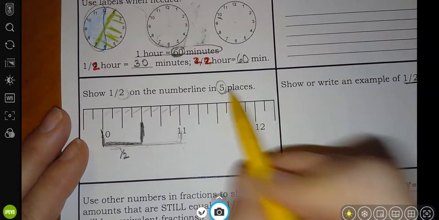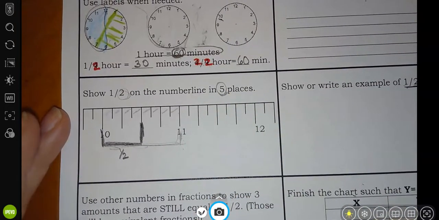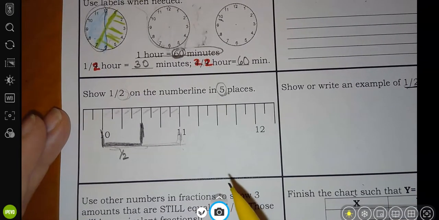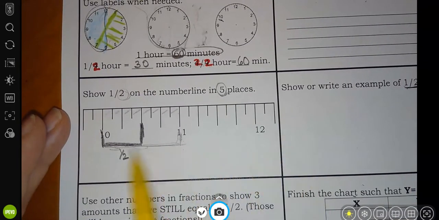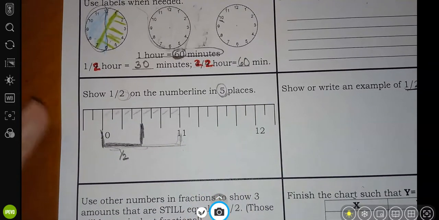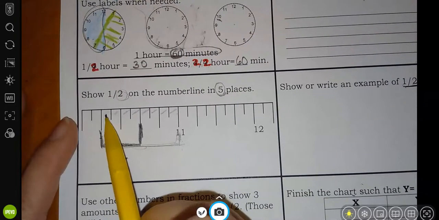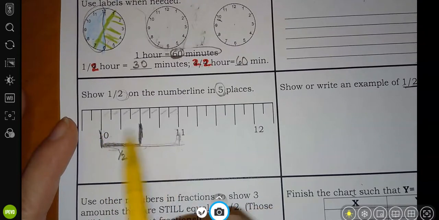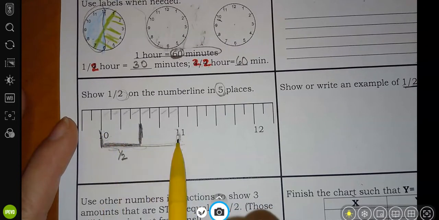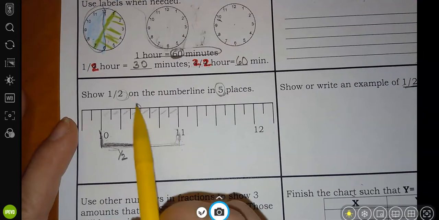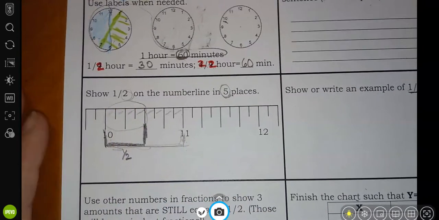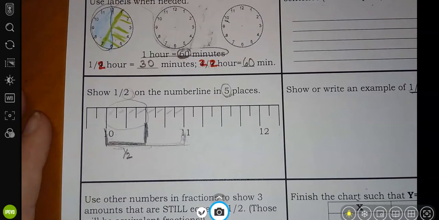You need to find 1/2 in 5 places. Well, that might not be too difficult if I just keep on going between 10.5 and 11 and find halfway between 11 and 12. That would give me 2 more halves, but I need to find a 5th half. Well, now wait a minute. There are 8 total pieces in one whole section. 4 pieces anywhere on this line should show half, right?